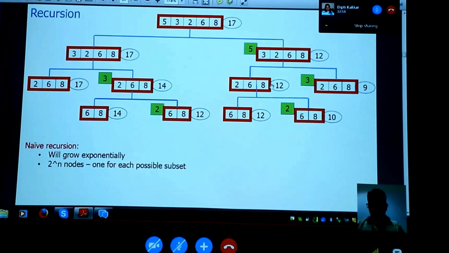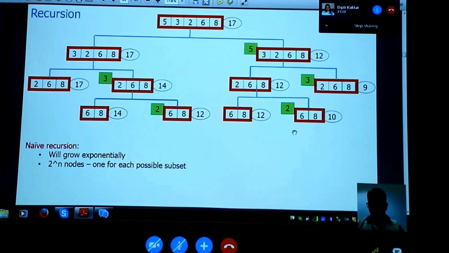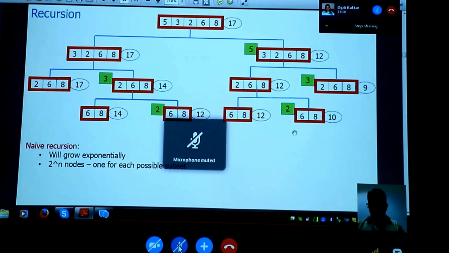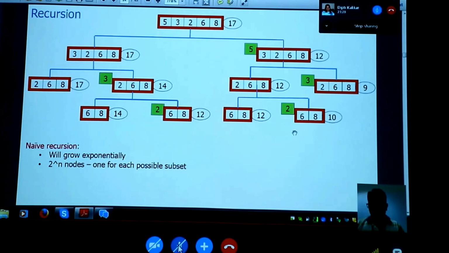Similarly, you have to explore this other branch also. You first assume that 3 is not there, you get 268. Then assume that 3 is there, then you also get the same suffix 268, but with a refined target of 12 minus 3, which is 9. And this keeps going. Any questions on this, how this tree proceeds? This is the recursion tree going around. Is this fine?